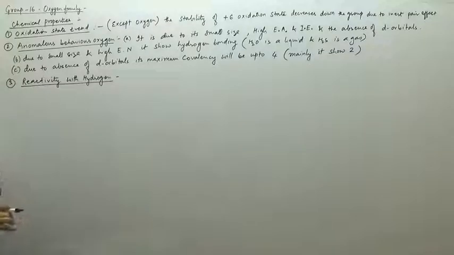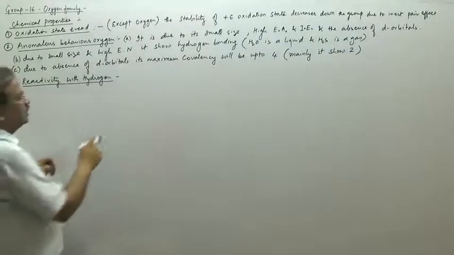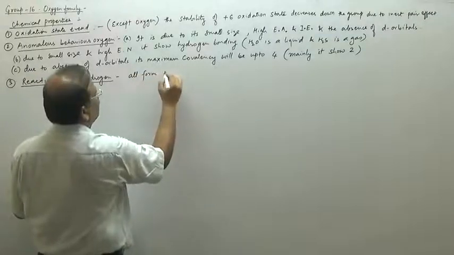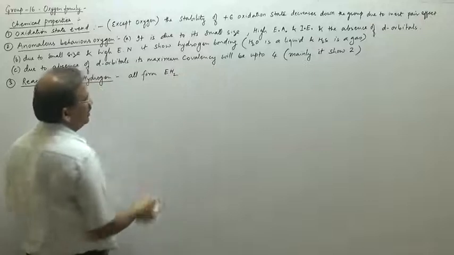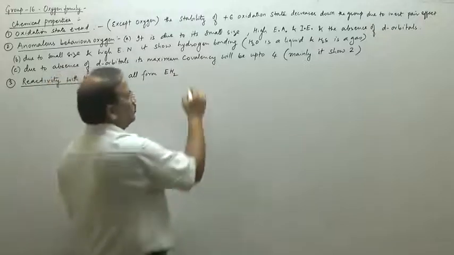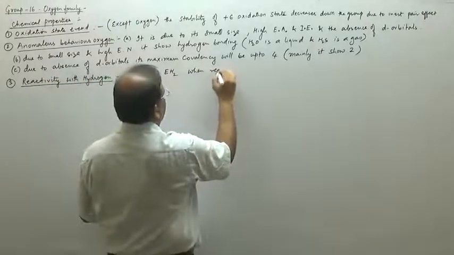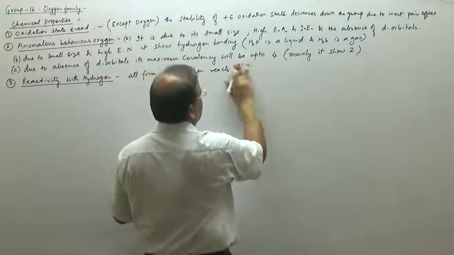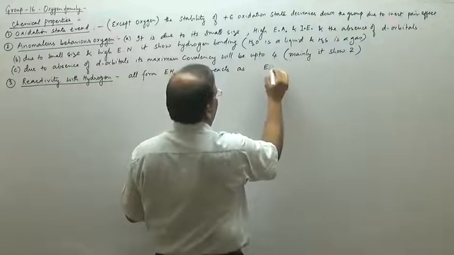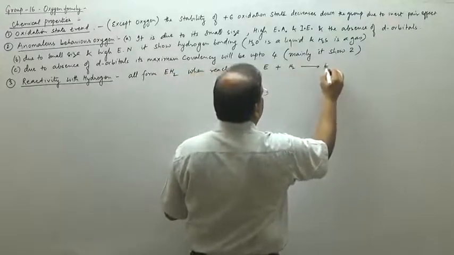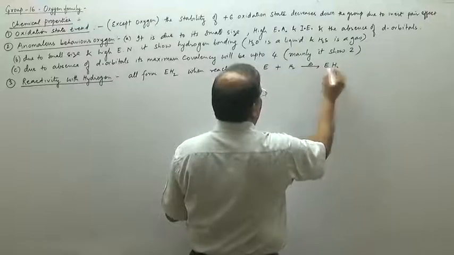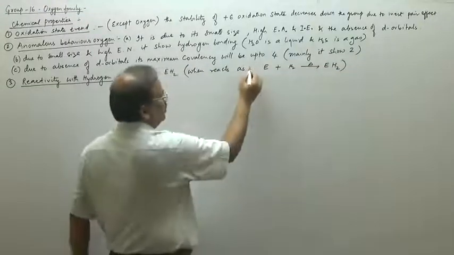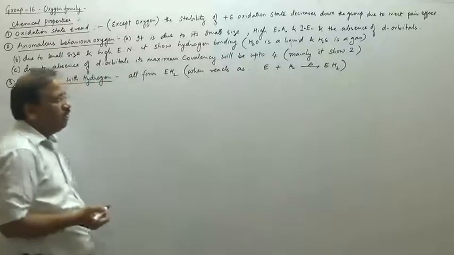So we'll write that all form EH2, that is hydrides, when the element is treated with H2. So they form hydrides.